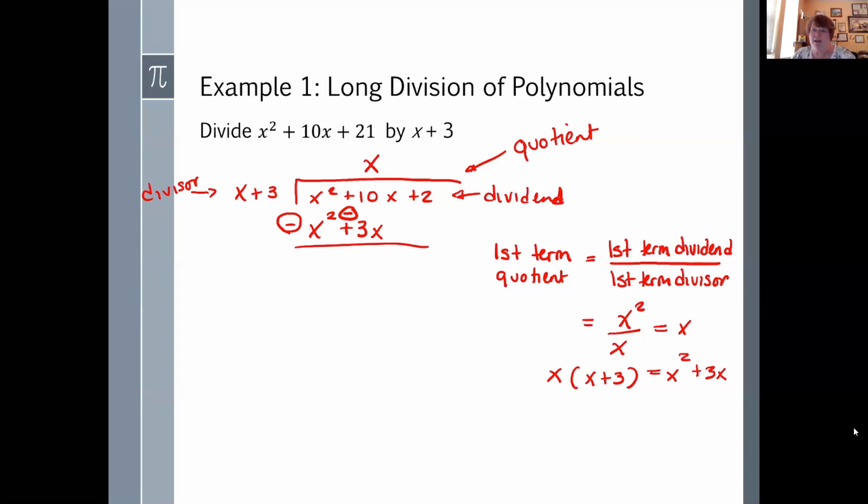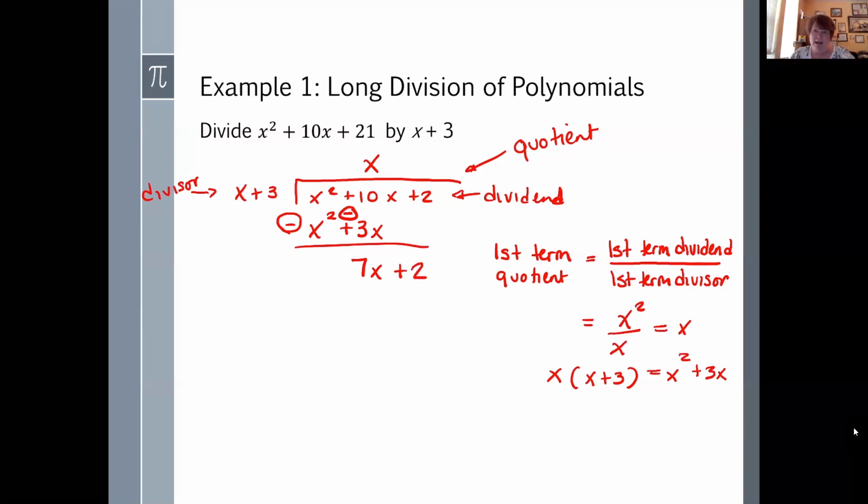Okay, now let's go to the second term. I have 10x and minus 3x. 10 minus 3x is 7x. So I'm going to carry out that subtraction. All right, now I still have a plus 2 in my dividend. So I'm going to bring that down. And I'm going to repeat the process.